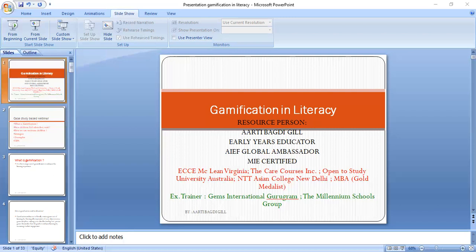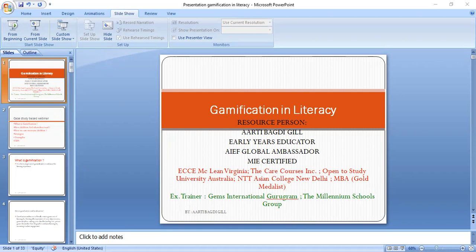So you can use such resources, and you can make such resources by yourself as well. And then you have to make the children do the making of these word Jengas. Again, it is hands-on learning, but it is fun too, and it is something interesting too, because they are getting something in hand to make.